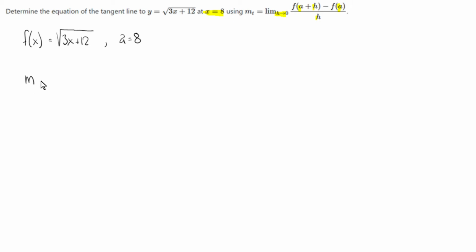So the slope of the tangent line equals the limit as h tends to 0 of f of a plus h. So a is 8 and h is the displacement. It's the one that's going to 0, right? Minus f of a, so f of 8, divided by h.